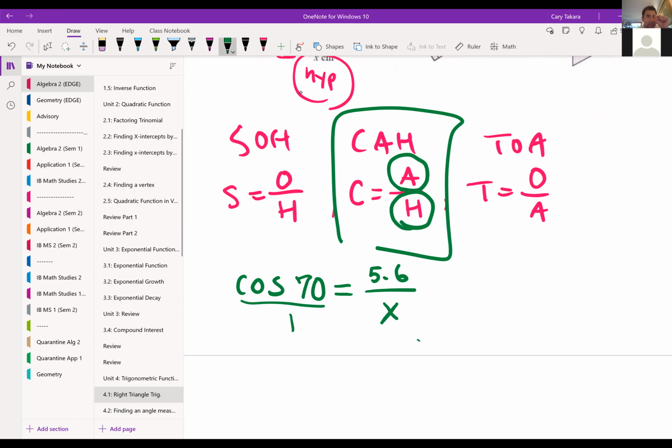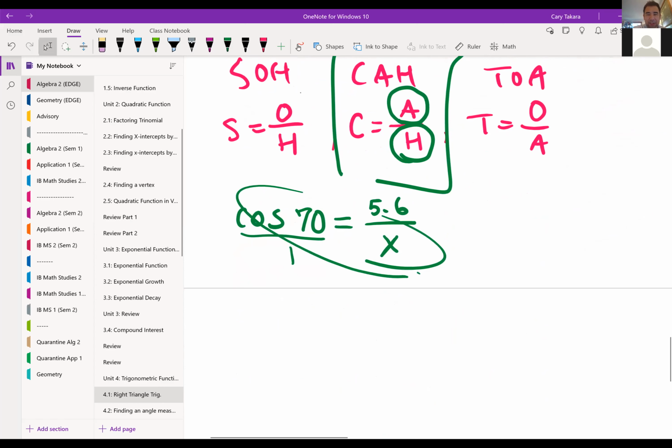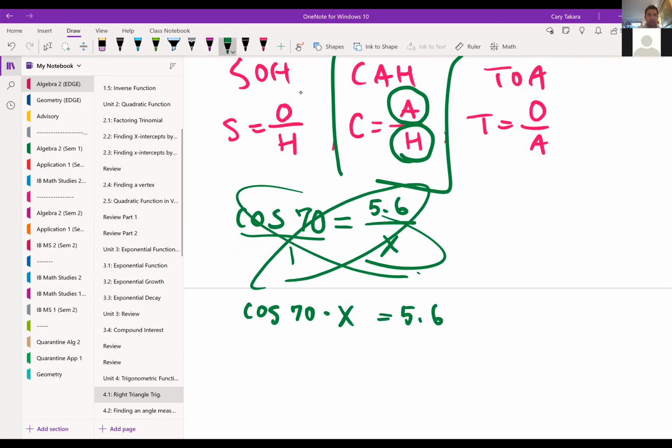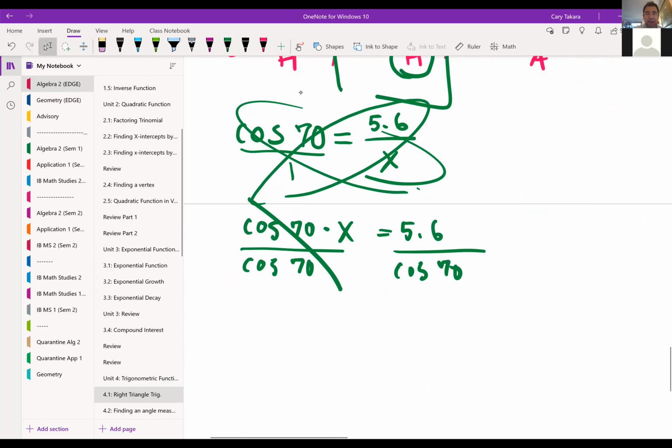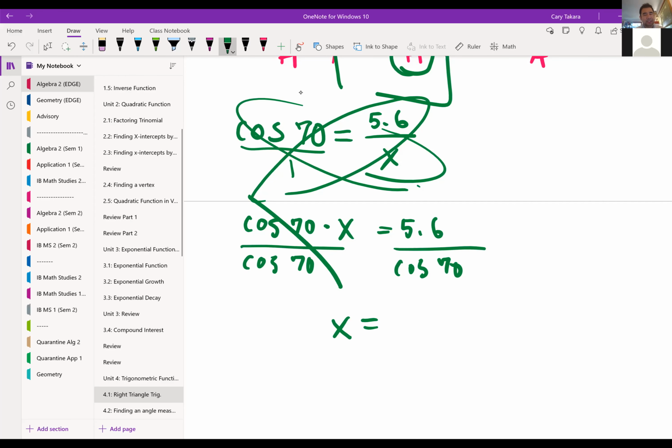So when x is in the bottom denominator, what eventually happens is cosine of 70 times x equals 1 times 5.6. So you divide both sides by cosine of 70. And so that cancels out. So x equals 5.6 divided by cosine of 70. Let's try that. 5.6 divided by cosine of 70.